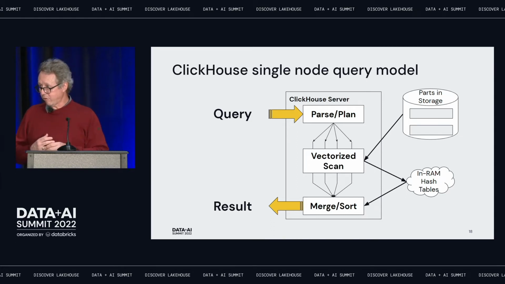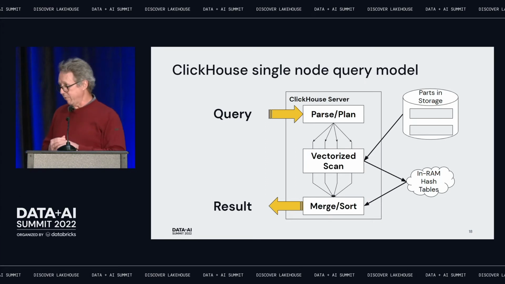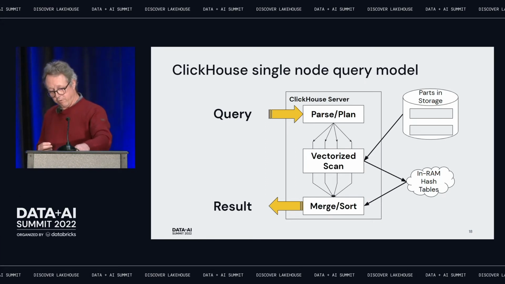It's usually matched to the number of vCPUs you have in cloud environments, and then we jam through the data as quickly as possible on each of those threads. We assign them to read different parts in storage and different columns or parts of columns within them.